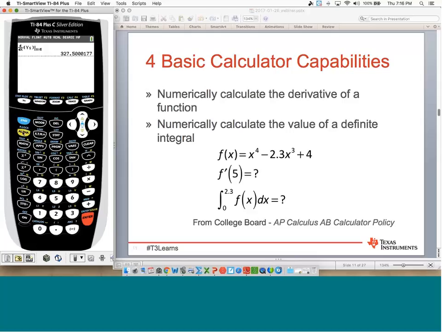Then the next command is how to do a definite integral, and if we go back to the math command, we can choose number 9, function integrate. And again, this one is template driven, and you fill in, and if it looks like what you want it to do, it'll do what you want it to do.